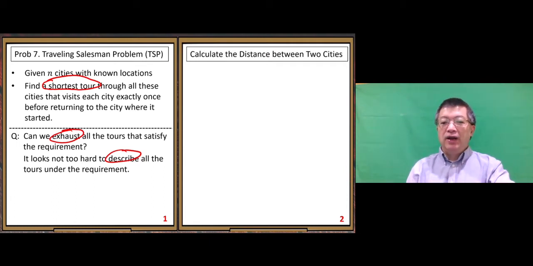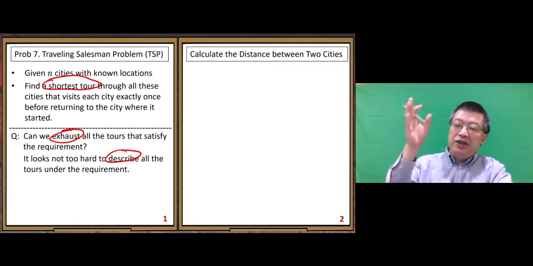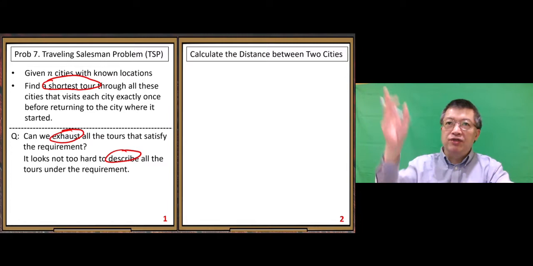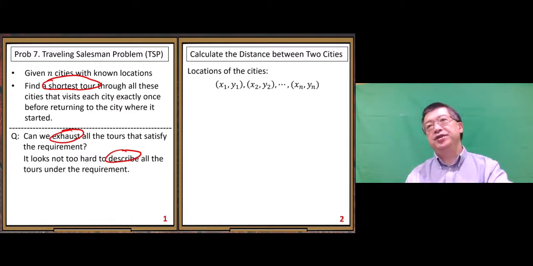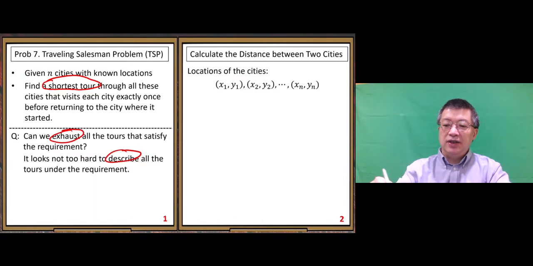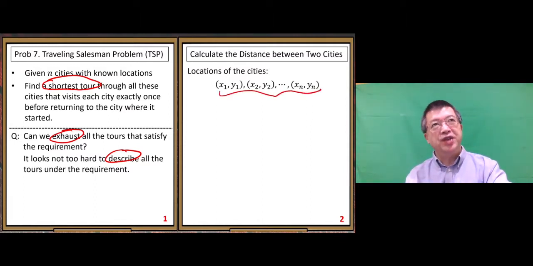We need to calculate the distance between two cities first. Locations are known. How do we represent locations of the cities? We use coordinates, XY coordinates. So let's use the standard way to represent locations.